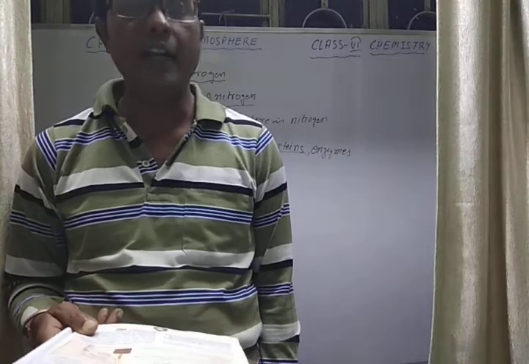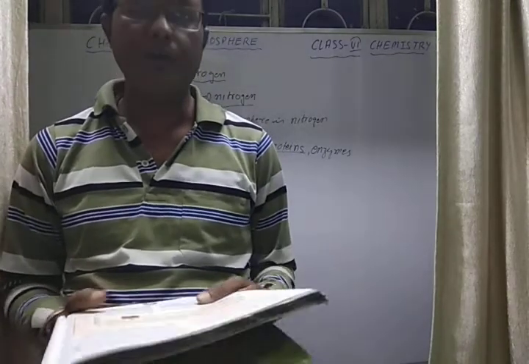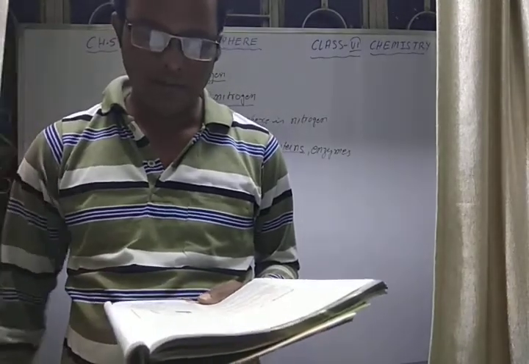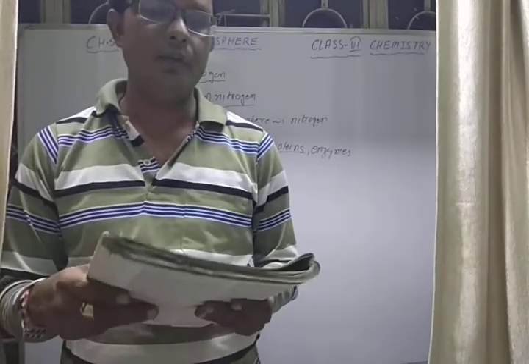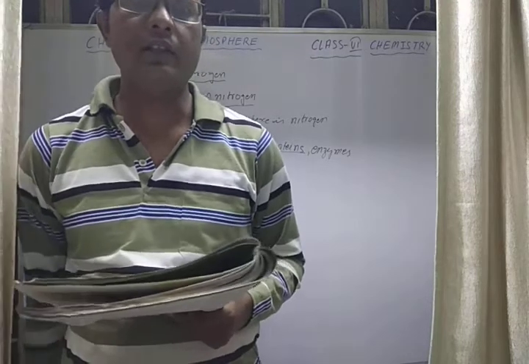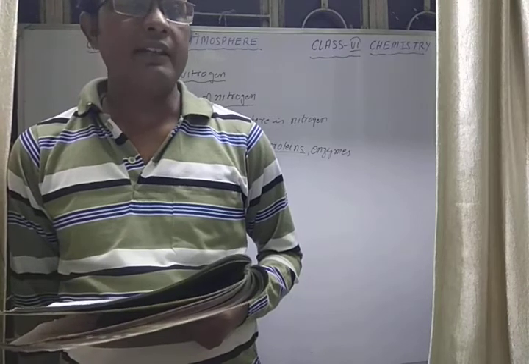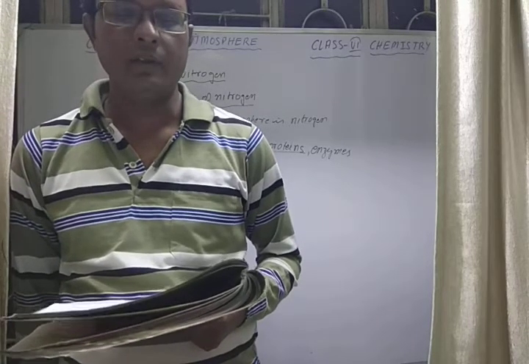Plants also need nitrogen for their growth. Nitrogen is an important constituent of chlorophyll also, because chloroplast contains protein in it. So we can say that nitrogen is very important for both plants and animals.